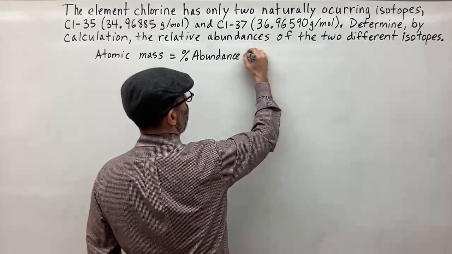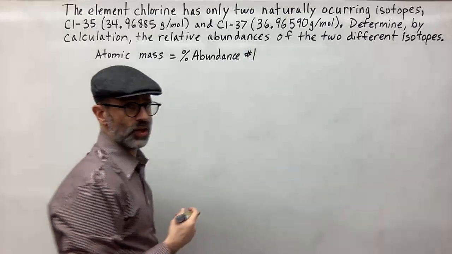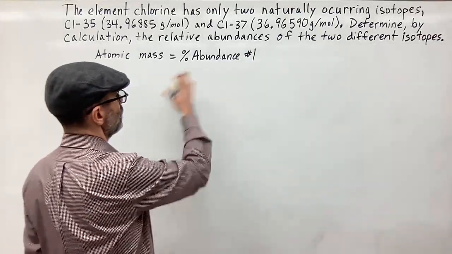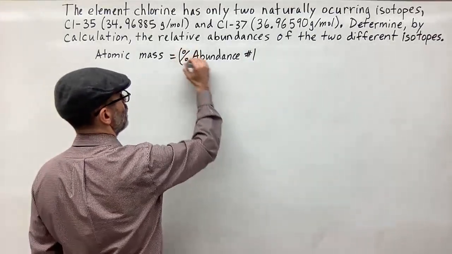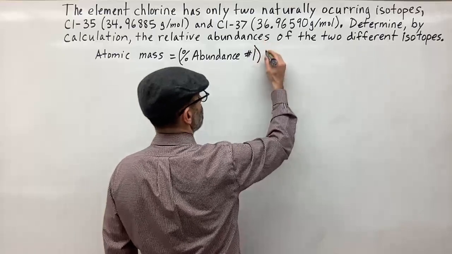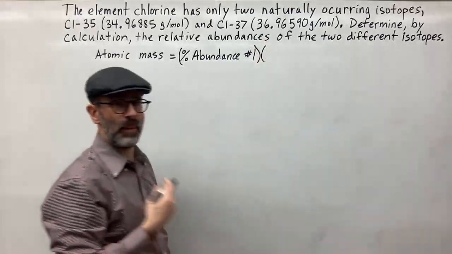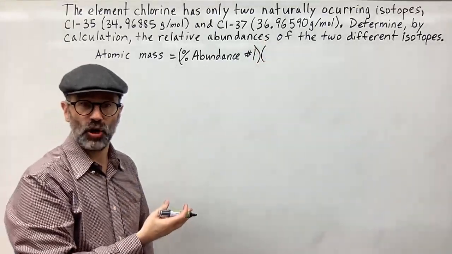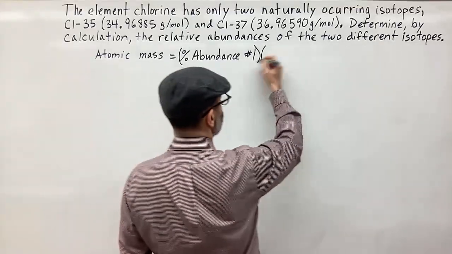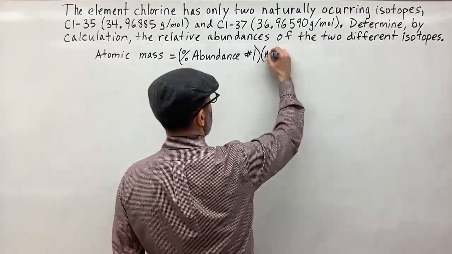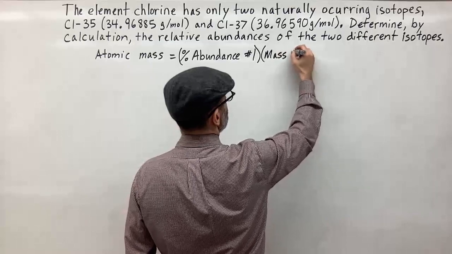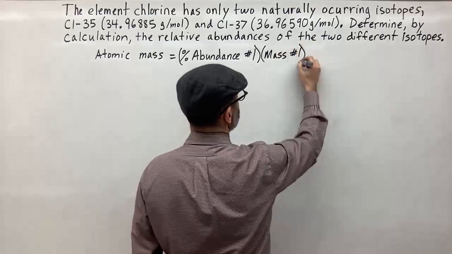We're talking about isotope number one. So percent abundance of isotope number one is going to be multiplied by the mass of that isotope, right? So they usually give you that. So the mass of isotope number one.